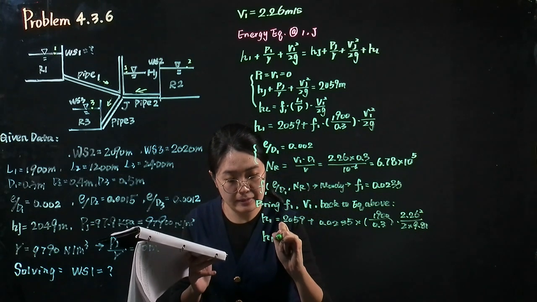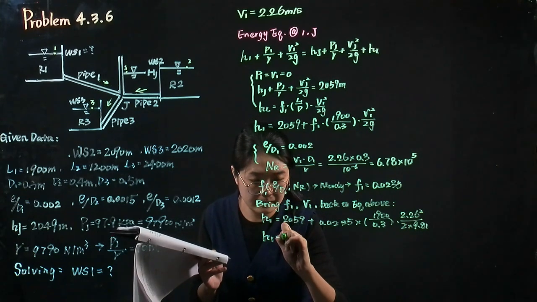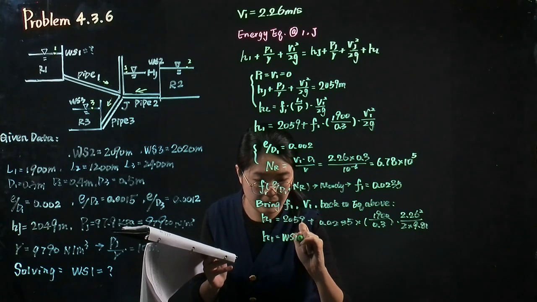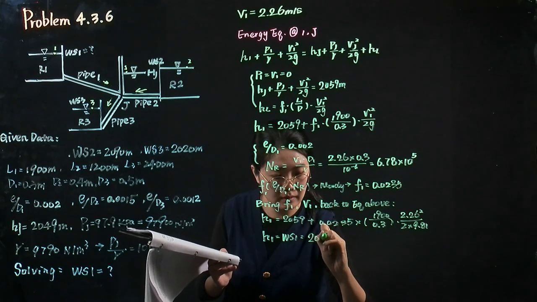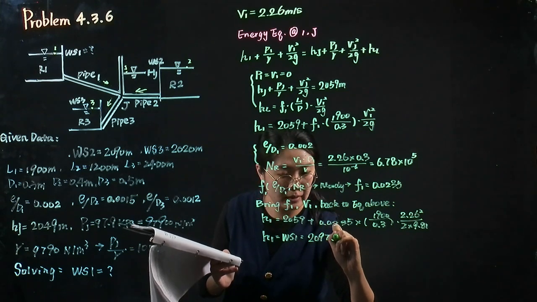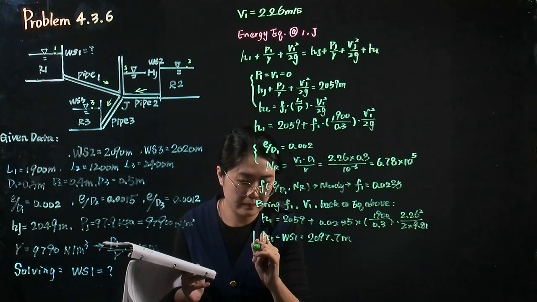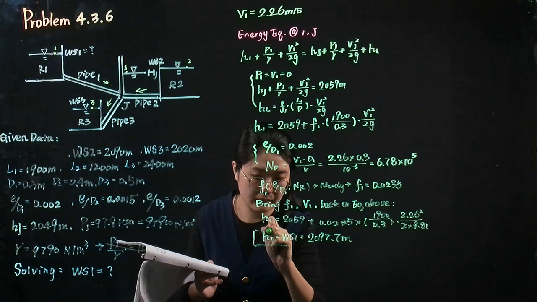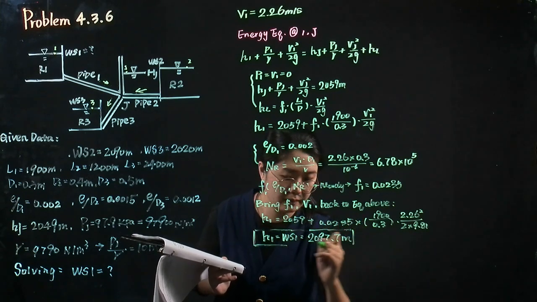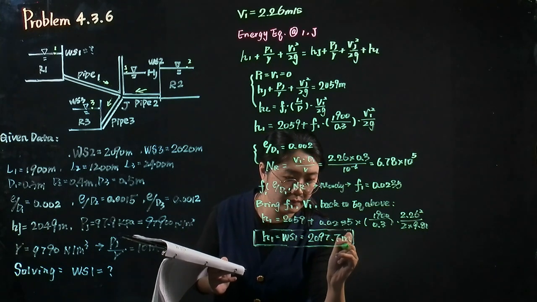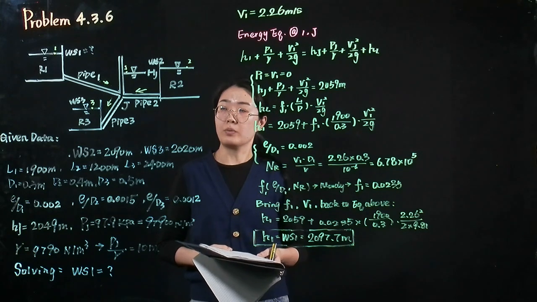Then we can get the elevation of the water surface. It equals 2097.7 meter. So this is our final result for problem 6.